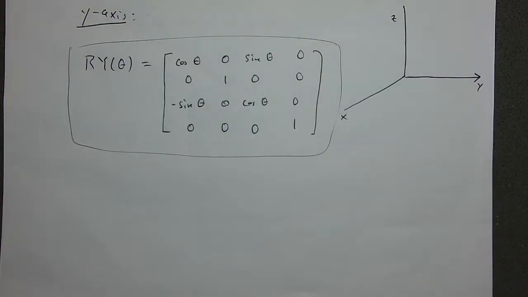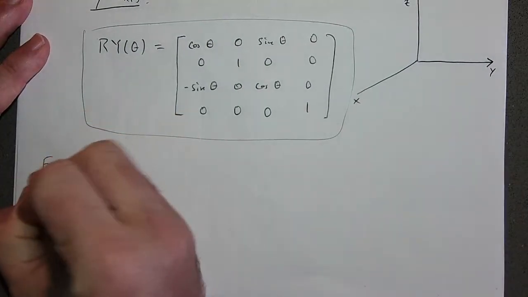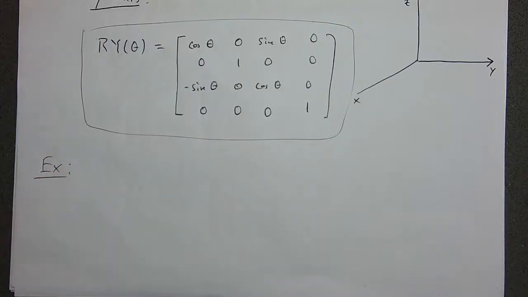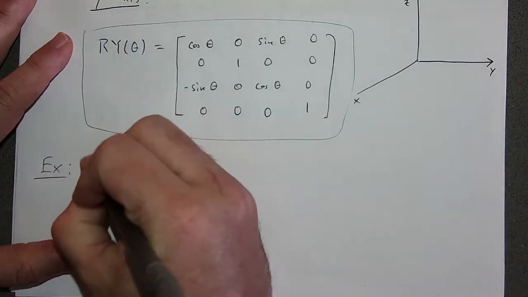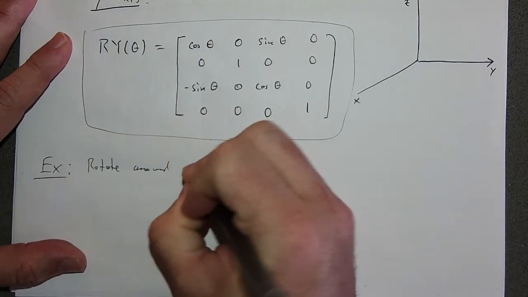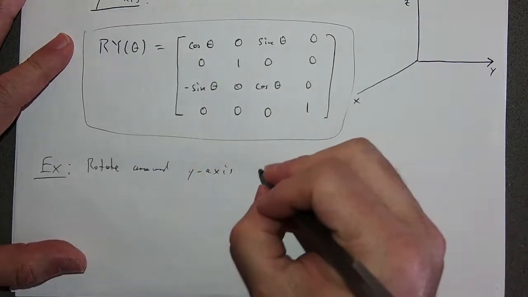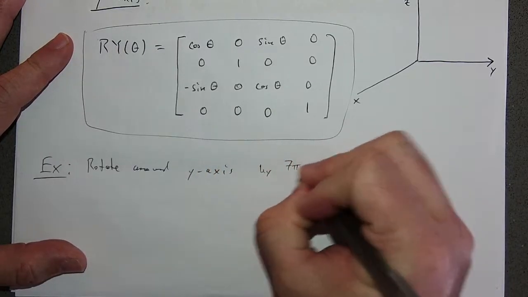So a couple of quick examples using this. For instance, quick example here. What if I want to rotate around the y-axis by 7 pi over 6 radians?